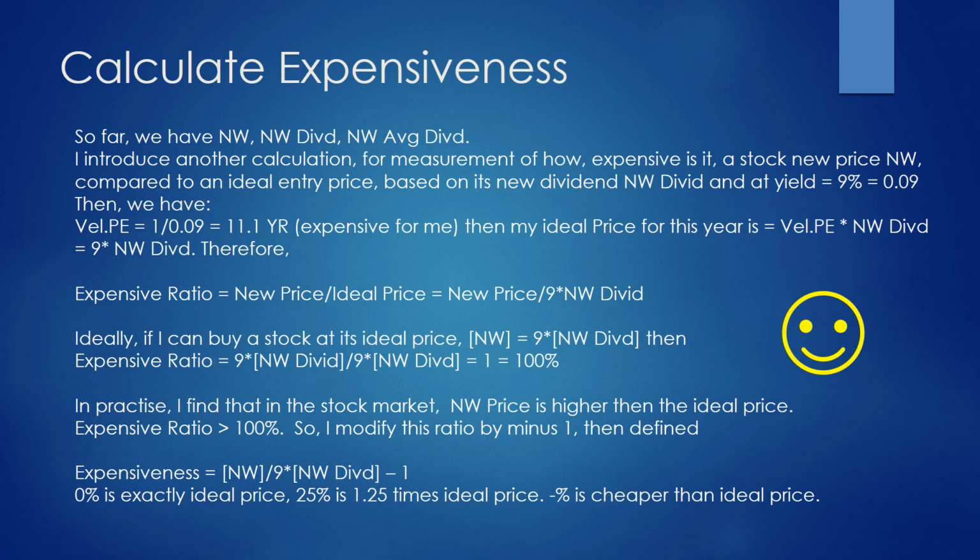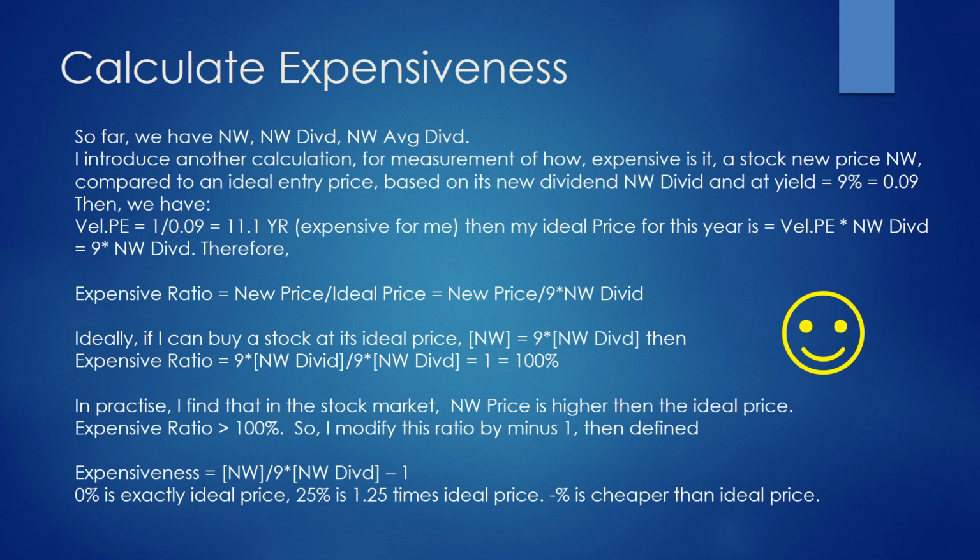In practice, I found that in the stock market, new price is higher than the ideal price. Expensive ratio is greater than 100%. So I modify this ratio by minus 1, then define expensiveness equal to NW divided by 9 NW dividend minus 1.